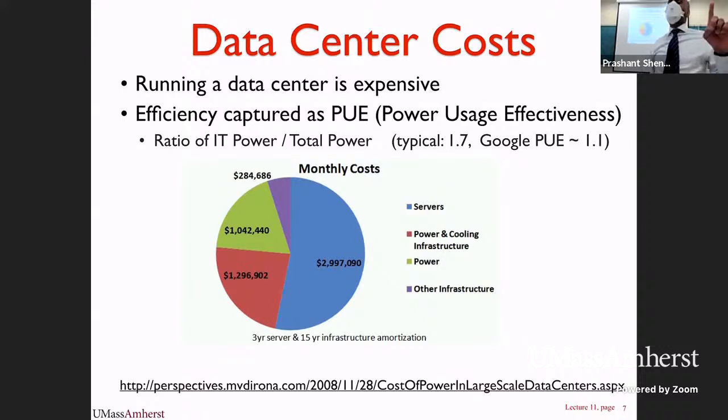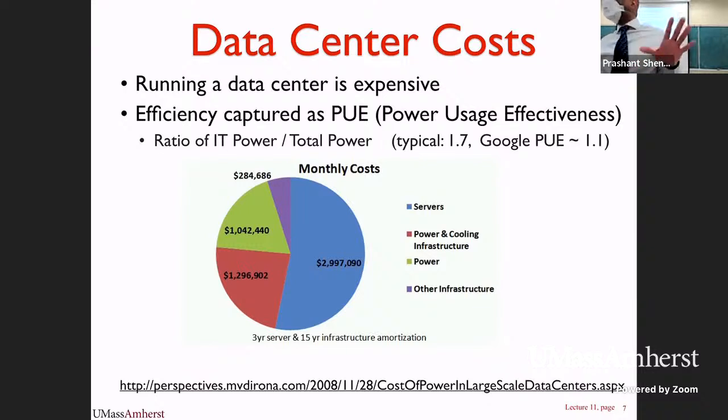So the ideal PUE is 1, okay, where you only use electricity to power the servers, and all the extra electricity you need is 0. Okay, but you cannot actually get 1 in practice. So all you can do is come very close to 1. Okay? So the most efficient data centers have PUE that approaches 1. Okay?